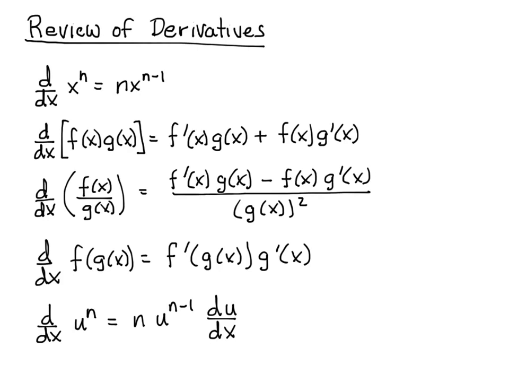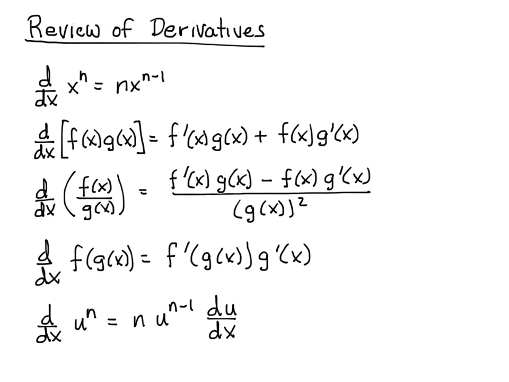We have a quotient rule that has a similar pattern where we have f prime g and f g prime. The difference is that we're taking the difference there and we're dividing by the function g squared. We have the chain rule, which when we have a composite function, we take the derivative of the outer function, leaving the inner function alone, and then we multiply it by the derivative of the inner function.